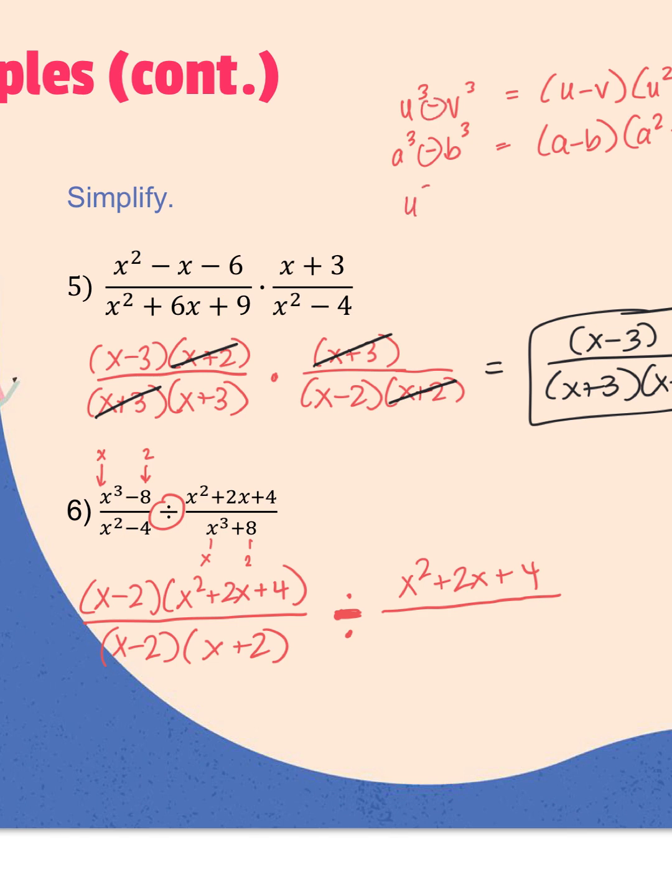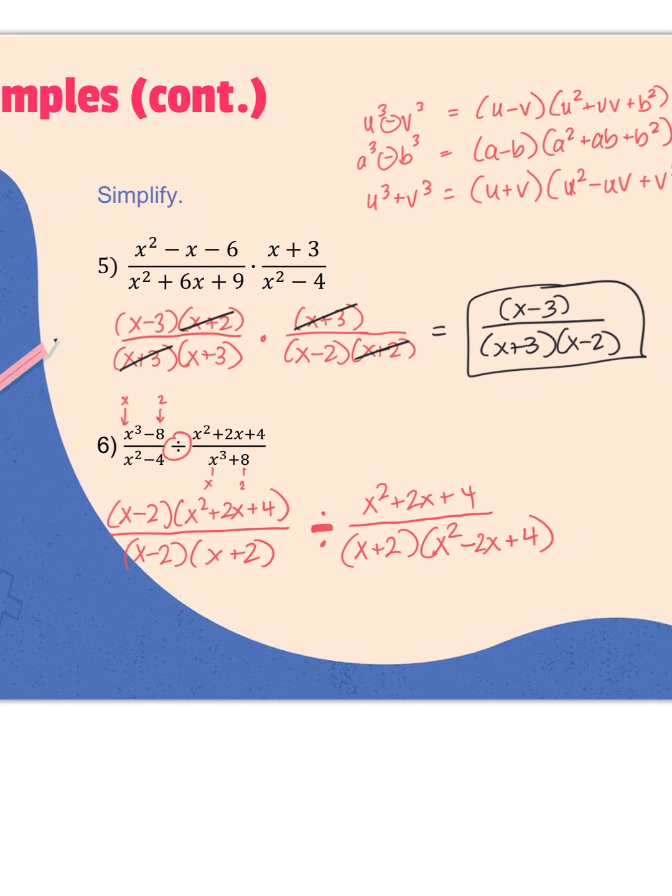Well, the formula for the sum of cubes was u plus v times u squared minus uv plus v squared. Okay, so now I do that formula. So this one's going to be x plus 2 times x squared minus 2x plus 4. Okay, so now I have it factored.